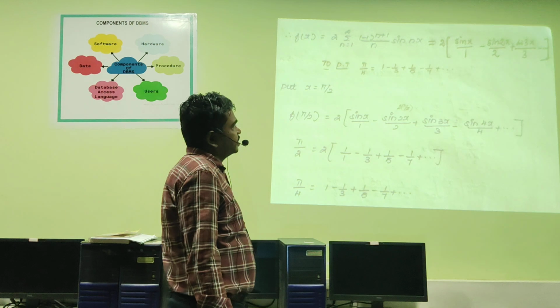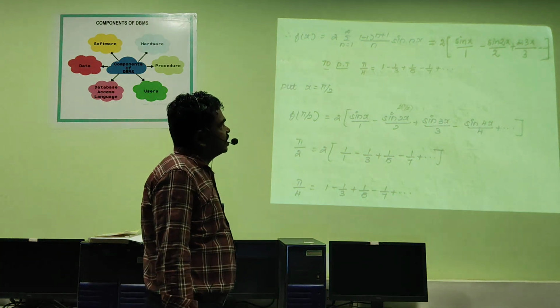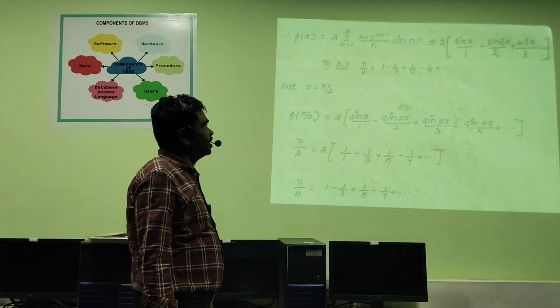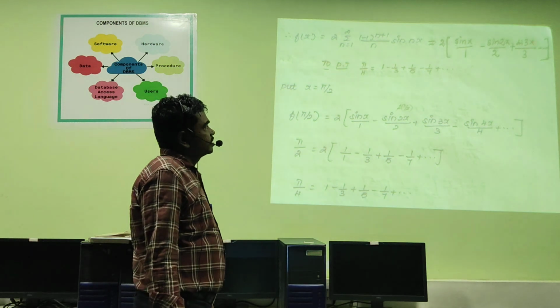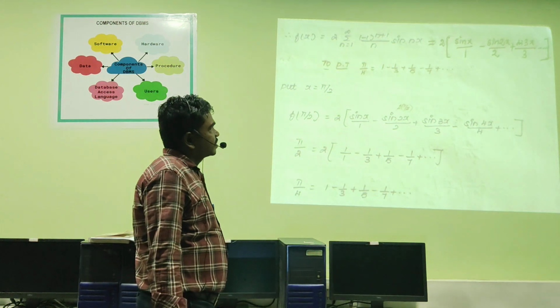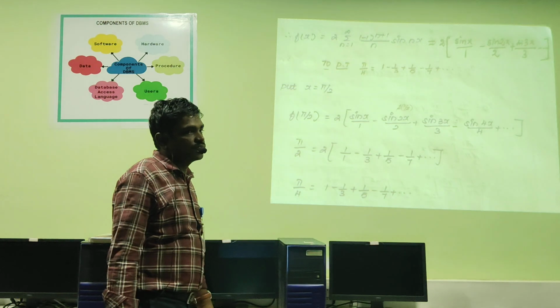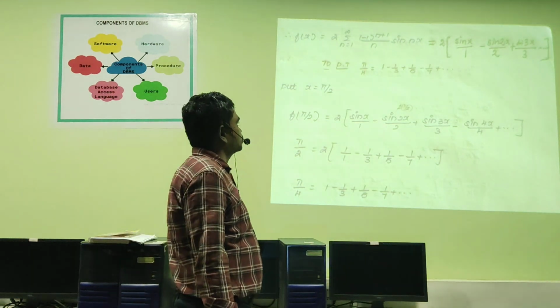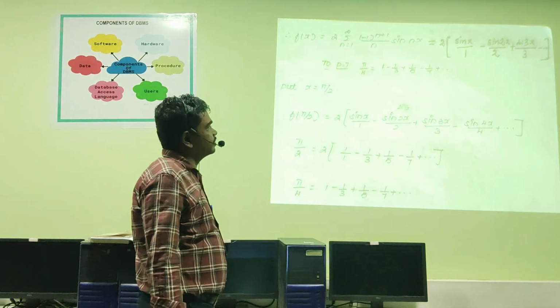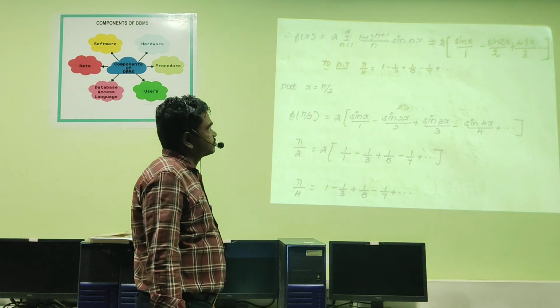Then we apply n equal to 3, (-1)^(3+1) by 3 sin 3x. 3 plus 1 is 4, (-1)^4 is 1, that is sin 3x by 3.